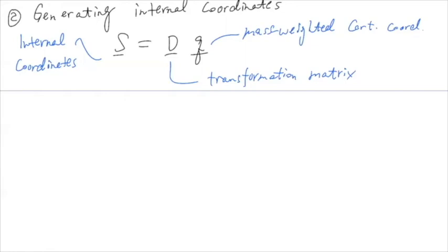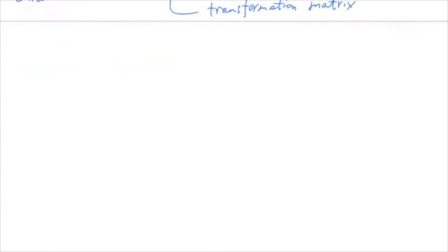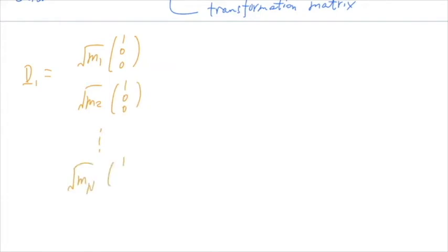Here I just give you a very brief introduction. I'm not going to talk about the details. For instance, D1, the first translation vector, is the square root of the mass of the first atom times (1, 0, 0), the square root of the mass of the second atom times (1, 0, 0), until you have the n-th atom, square root of the mass of the n-th atom times (1, 0, 0).